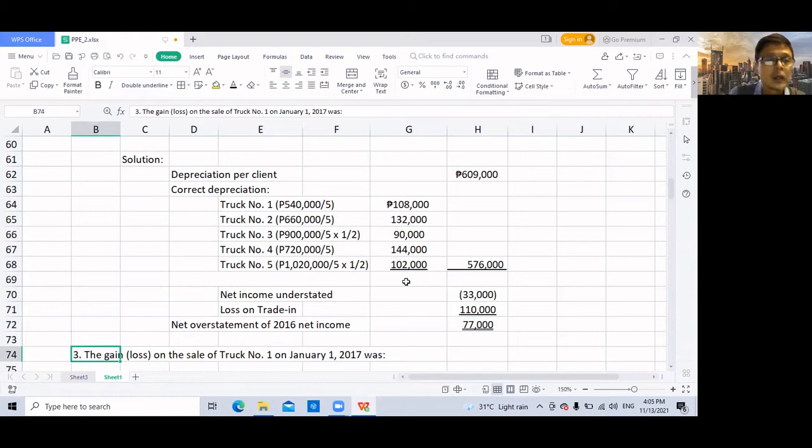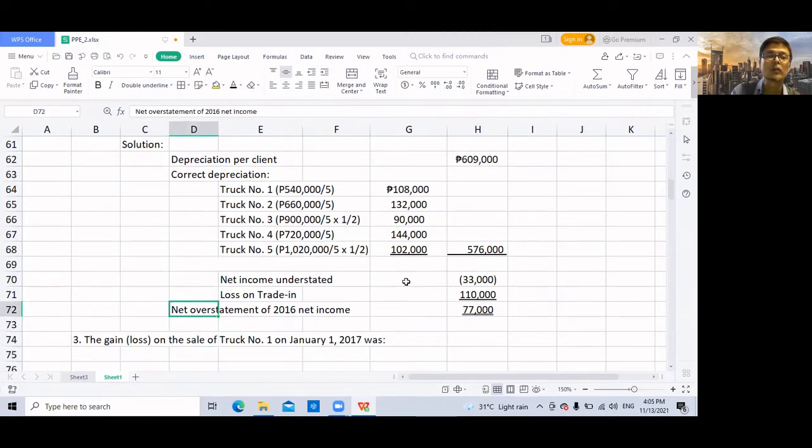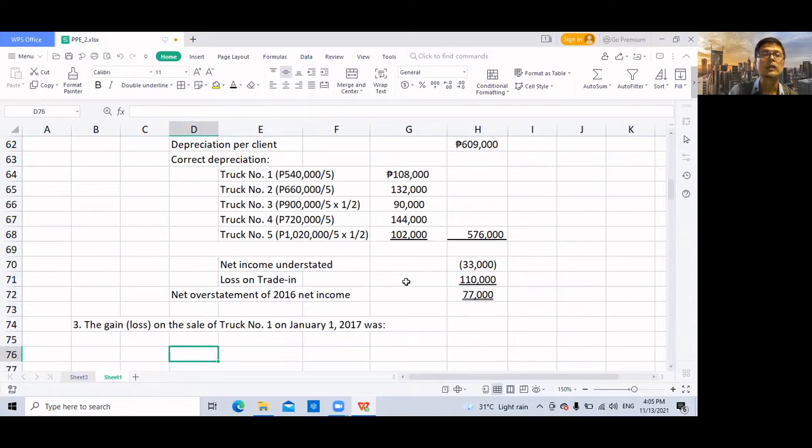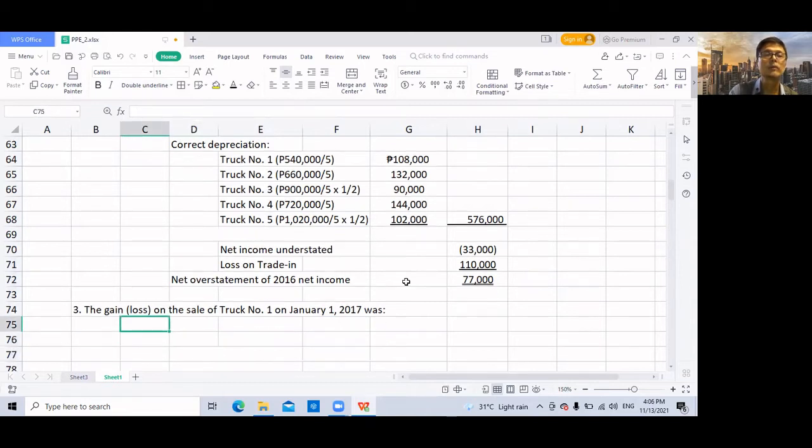It says here, the gain or loss on the sale of truck number 1 on January 1, 2017 was, the gain or loss. Now, again, going to our solution, the net proceeds was 110,000 pesos, because this is for truck number 1.